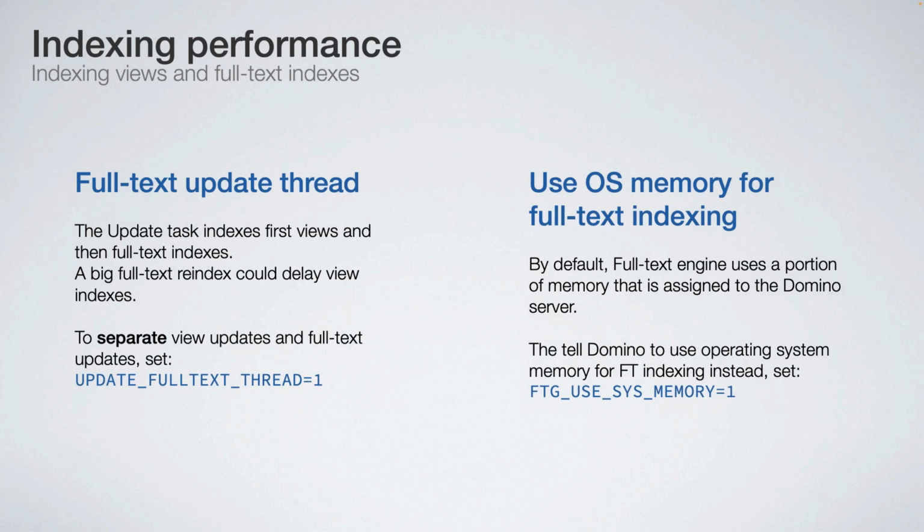You know that the update task takes care of updating views and updating full text. Of course, full text has lower priority compared to updating views, because views are used constantly and full text could be updated from time to time, not so frequently.